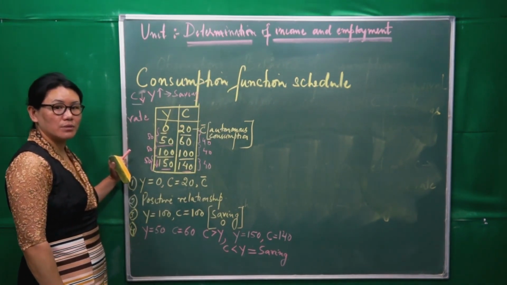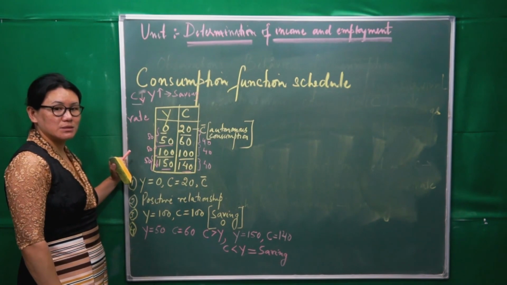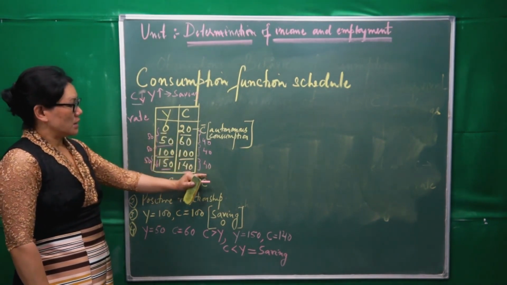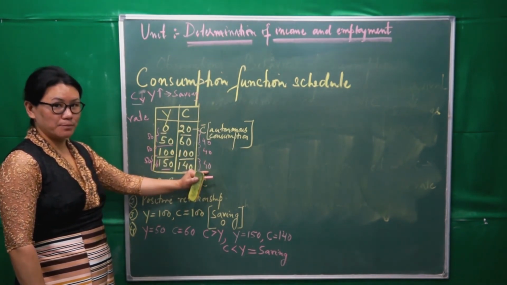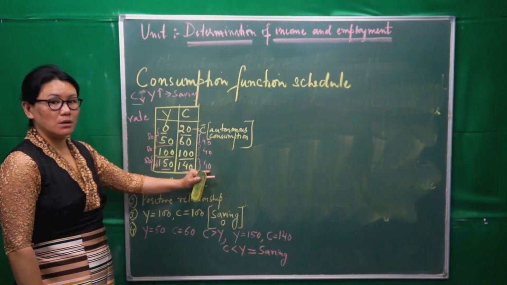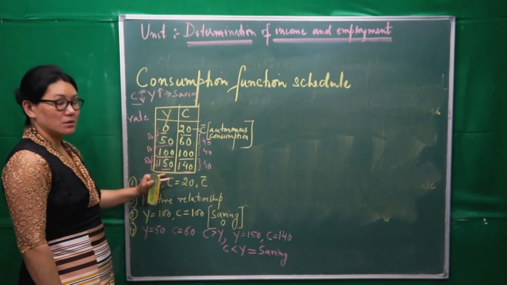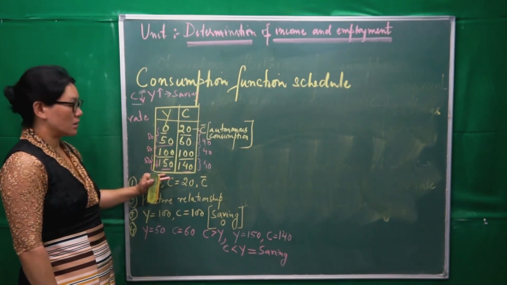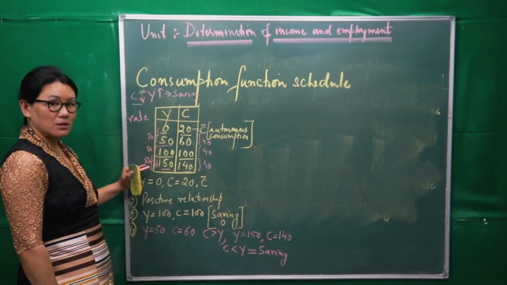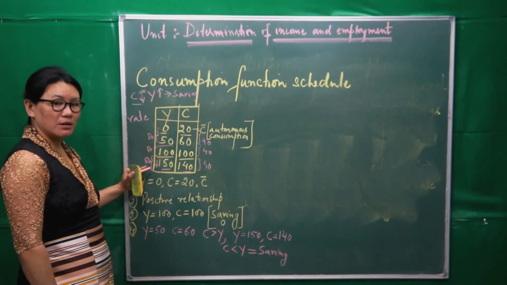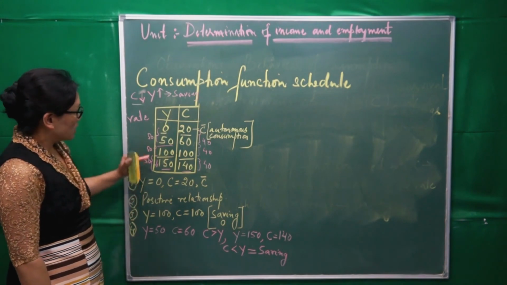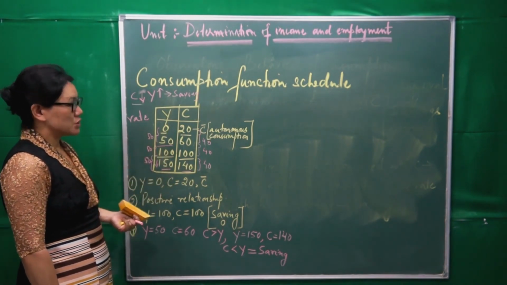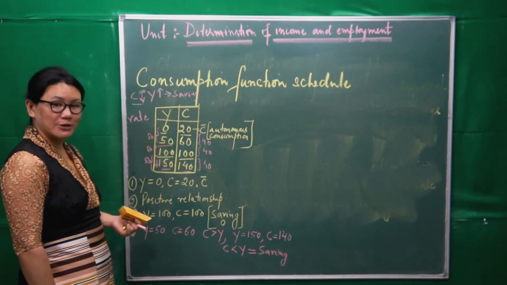See the rate here now. The rate at which C increases, which is 40, is lower than the rate at which Y is increasing, which is 50. Income increases by 50 each time. Is that clear? So, this is a brief schedule description on consumption function.